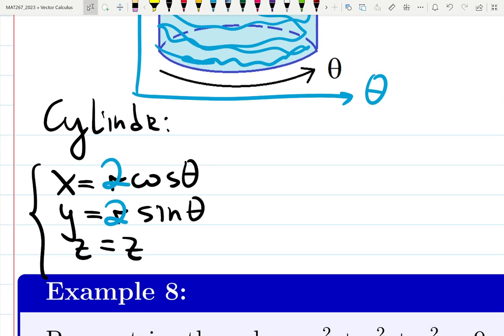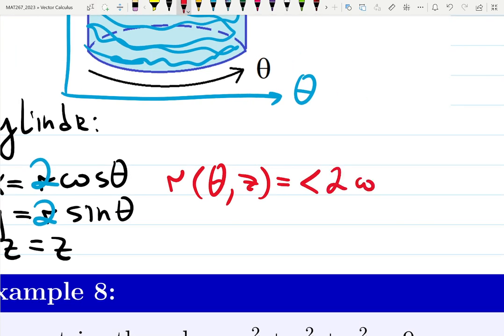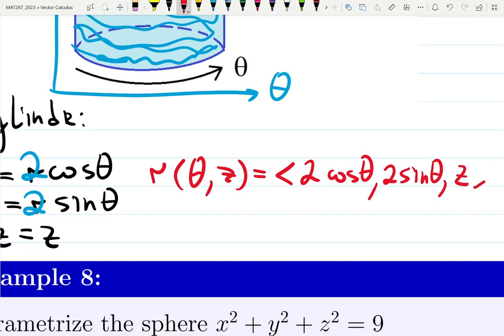So the answer follows. r. We're almost done. r depends on theta, the angle, right? And the height of the cylinder equals, we plug in whatever I just wrote down, 2 cosine theta, 2 sine theta, and z.